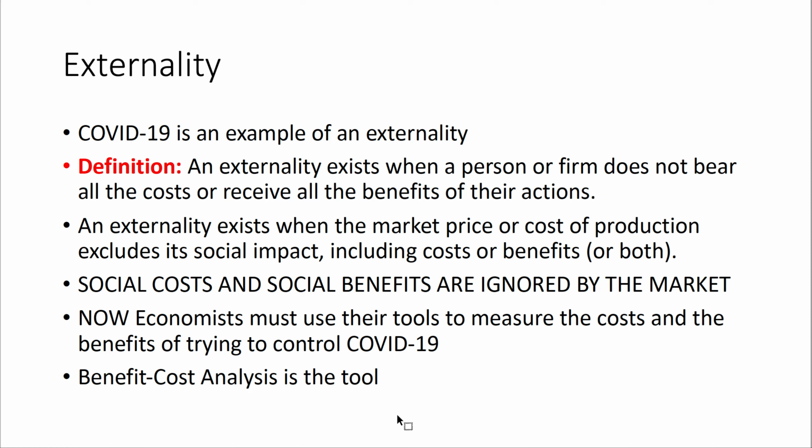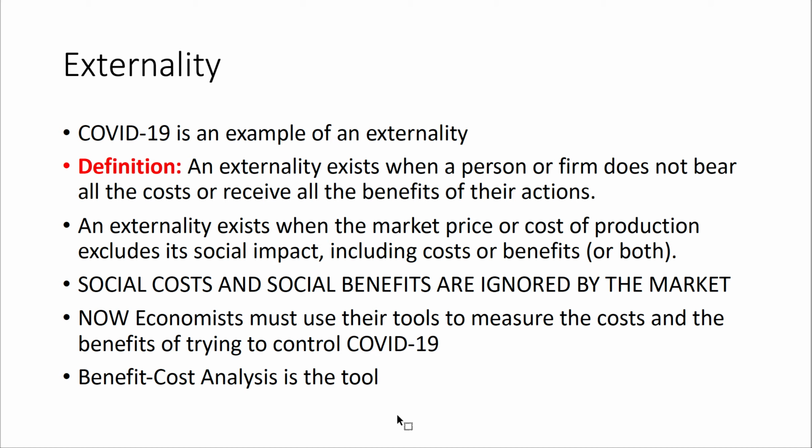The marketplace doesn't exist for this. And so when the social costs and social benefits are ignored by the market, we would consider that to be a market failure, right? So an externality is an unpriced bad or an unpriced good.